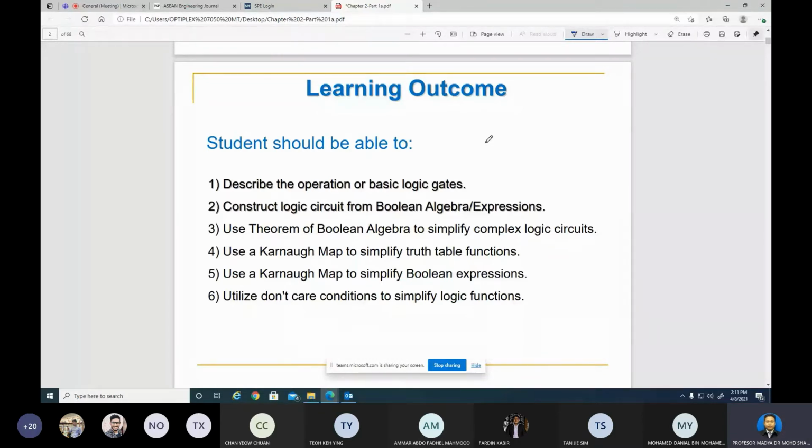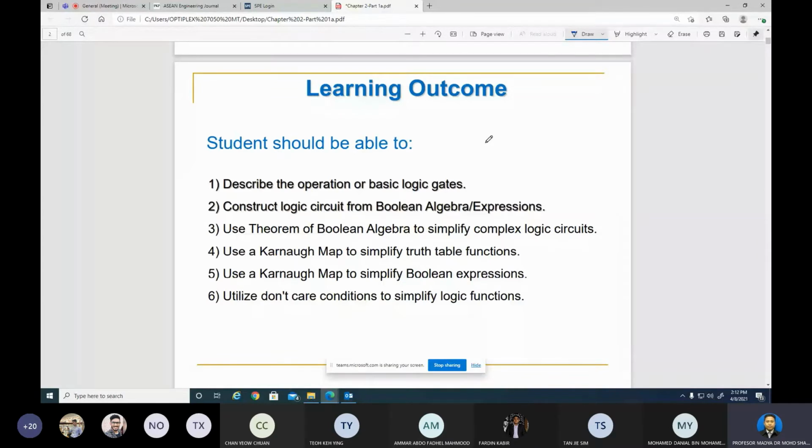And then we have the combination of 2 or more logic gates. For example, we have the NAND gate, NOR gate, and also the exclusive OR and exclusive NOR. These are combinations of more than 2 logic gates. Another one we have is the universal gate.